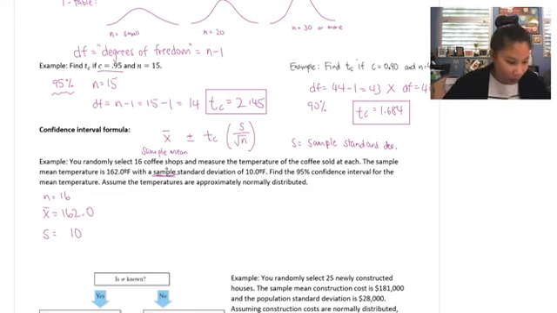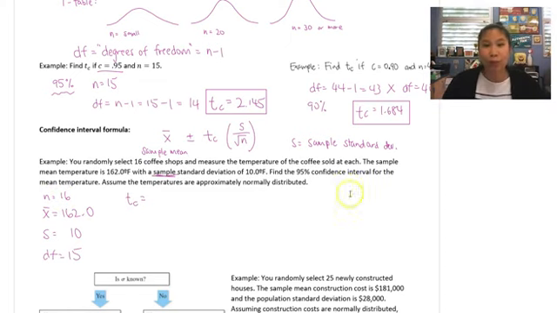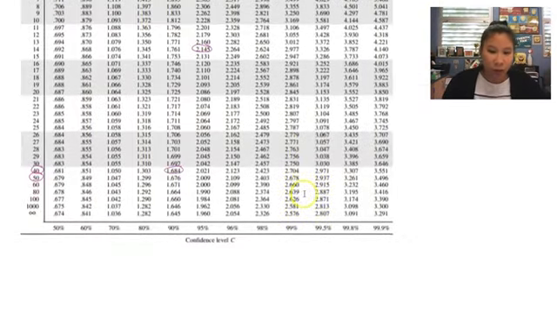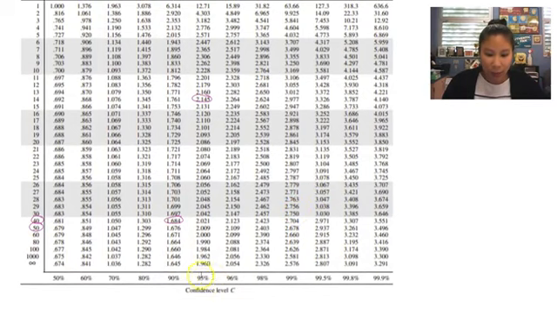And then now that we know these things, we can find TC using our sample size of 16. So the degrees of freedom would be 15. And then 95% confidence. So using our table again, 95% confidence, degrees of freedom of 15 would be right here of 2.131.